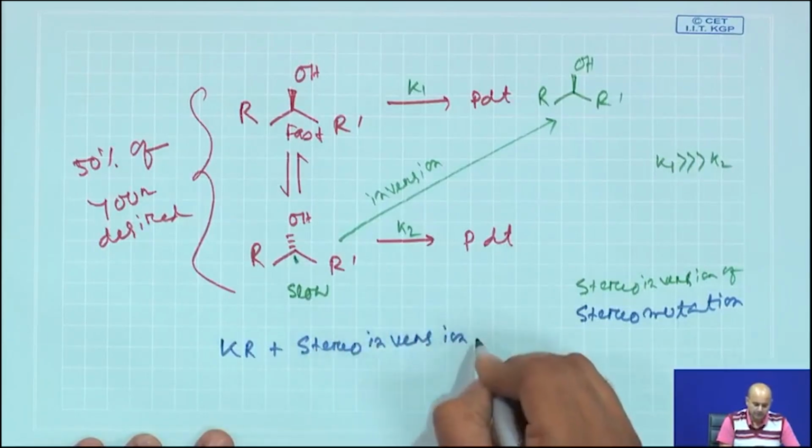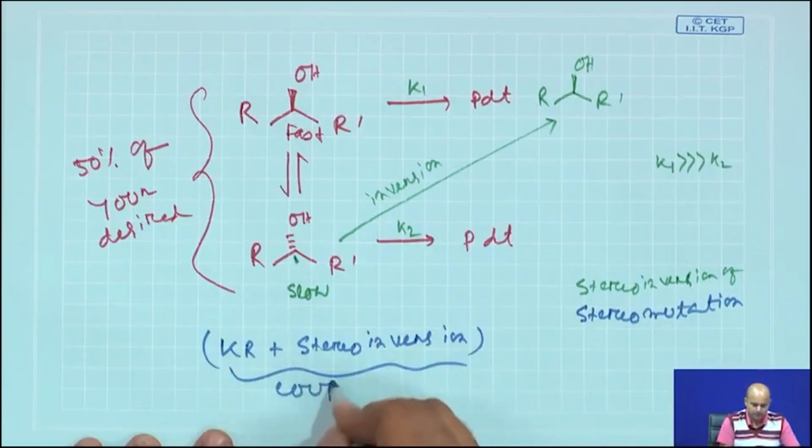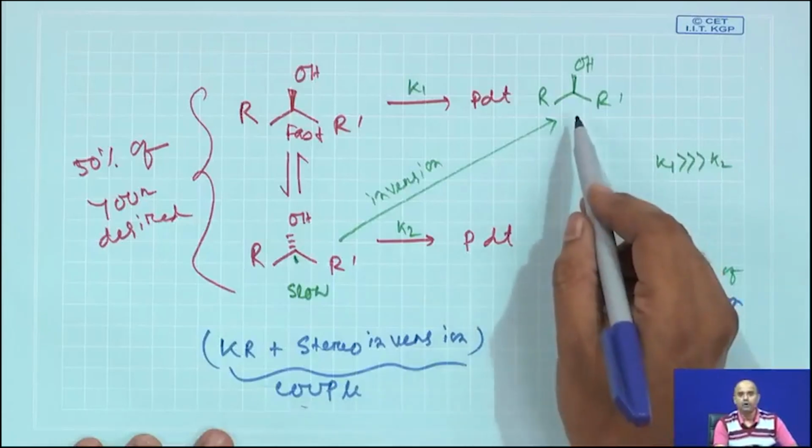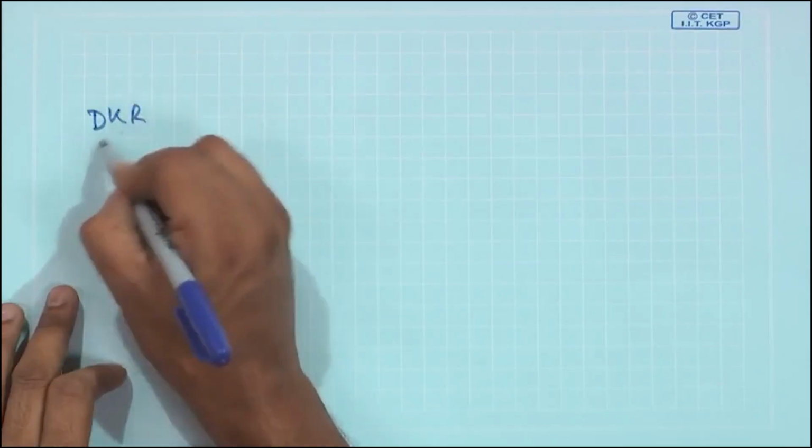If you can couple these two pathways together, you have a very good pathway to get one enantiomer exclusively. So, this all depends on which kind of compound you are dealing with. Now, next we will be talking about something else which is named DKR.